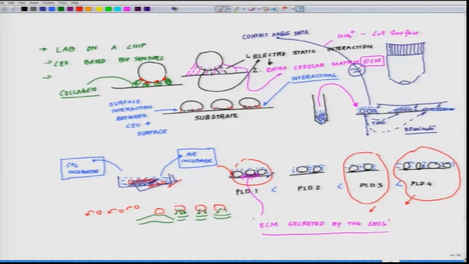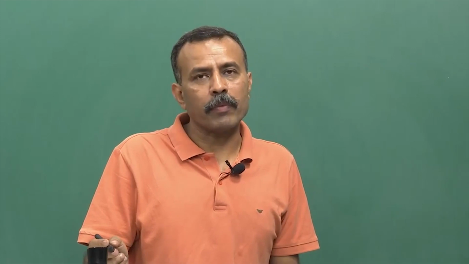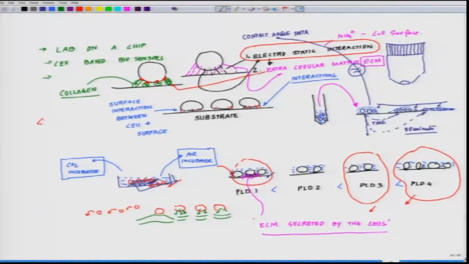So, here you are not really relying on this part for the attachment. You are only relying on this part. That means the force dynamics of the attachment are going to change, and it is critical that you are able to distinguish between the different interactions which are happening at the cell surface interface.